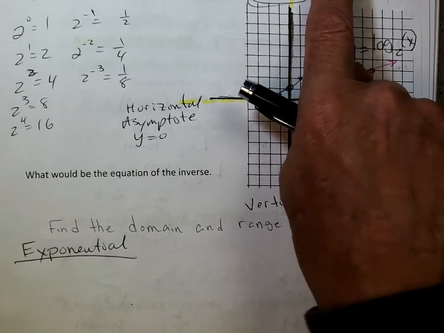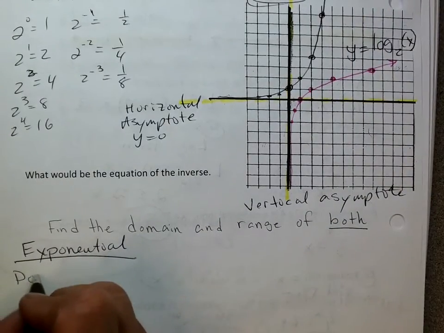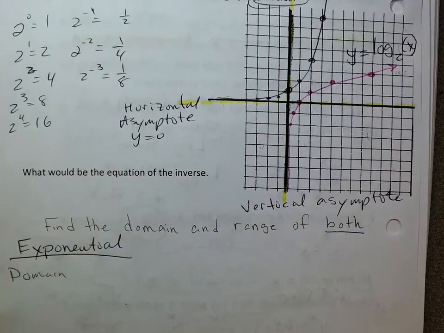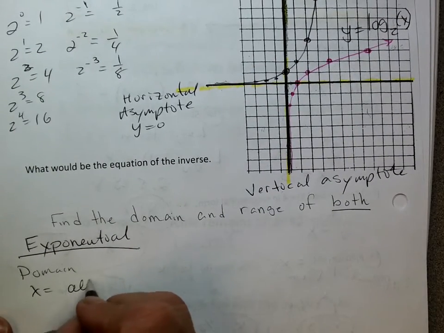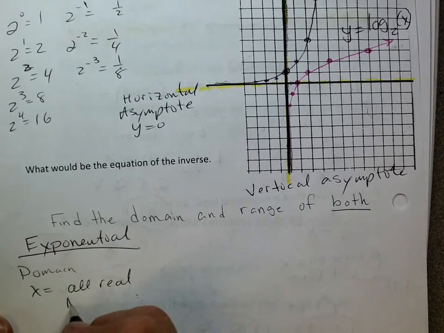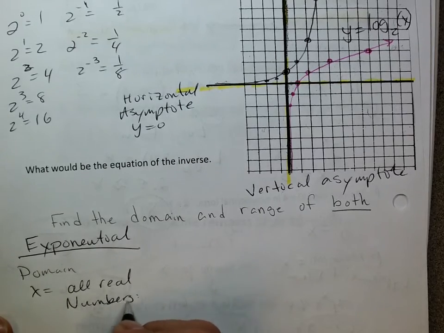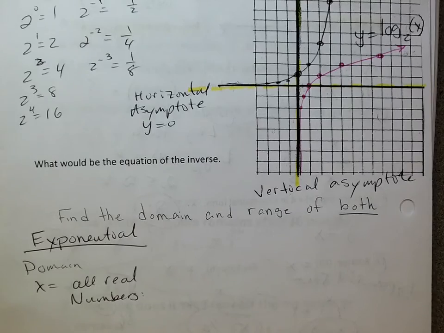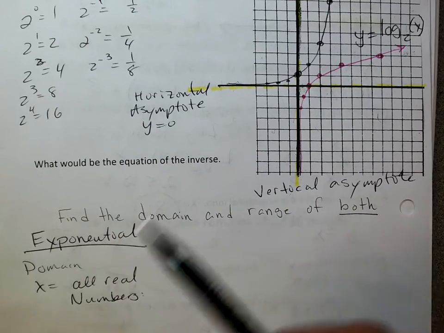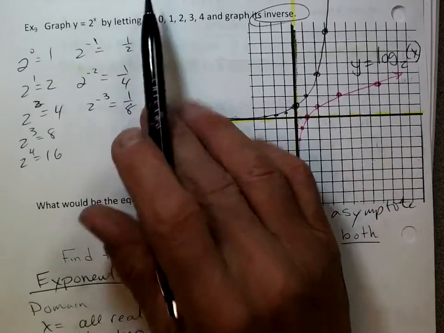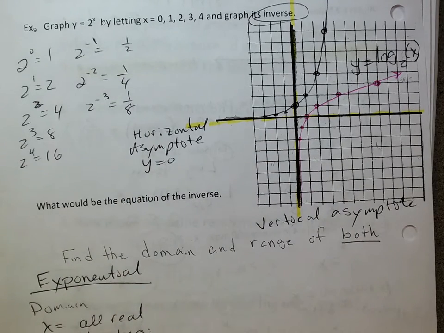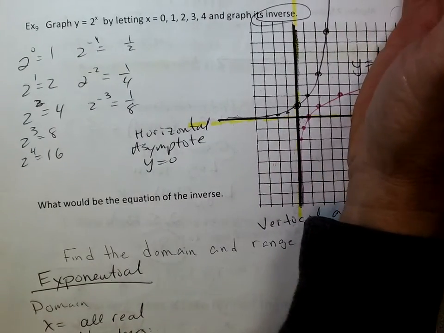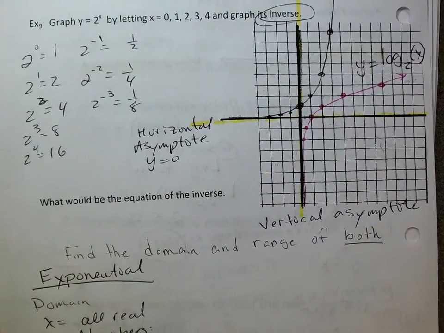So the domain of the exponential is simply going to be x equals all real numbers. That makes sense because x can be anything. I can let x be anything I want in this equation, and when I graph it, all x values appear. Even though they're going up, they're still scooting over, aren't they?